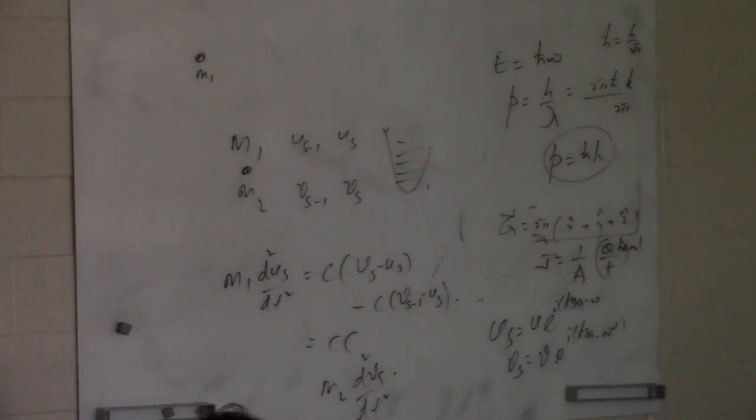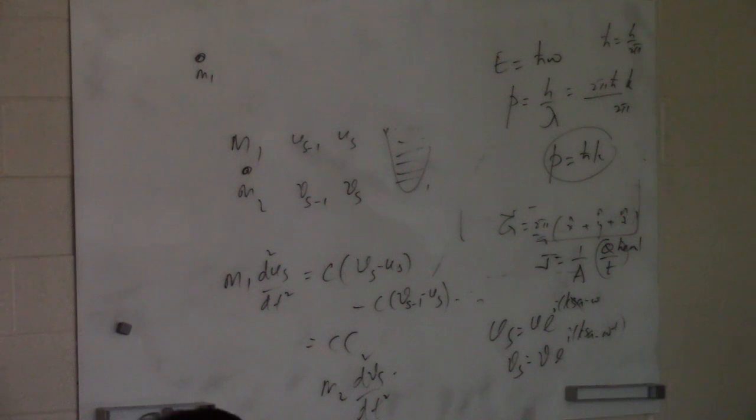So let me quickly show the derivation. J means 1 over A dQ over dt, right? Now I can write Q as the heat capacity times the temperature difference, divided by A. If I consider the time for a collision between two phonons, I can write it as tau.